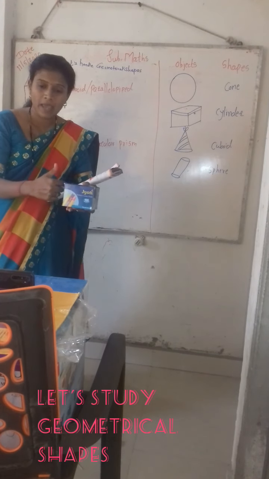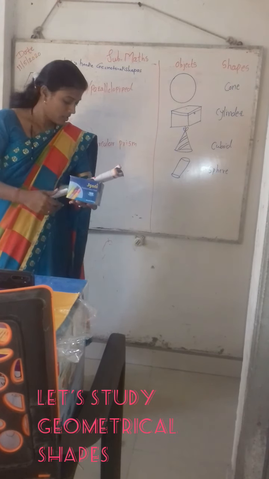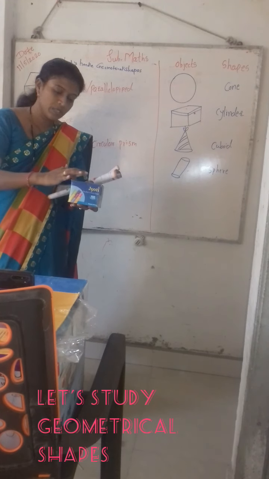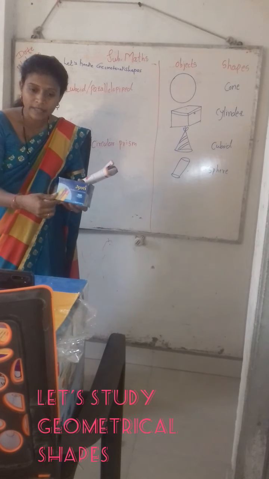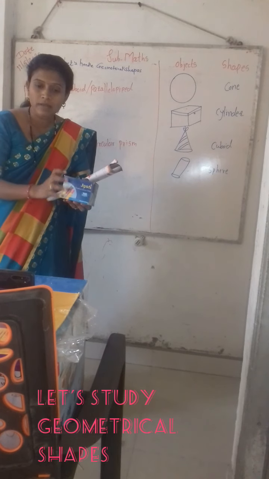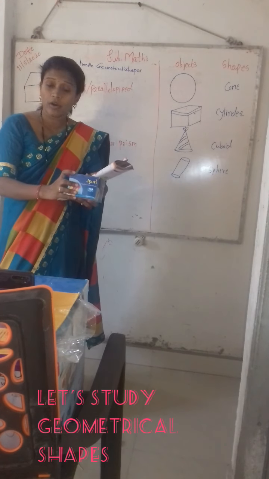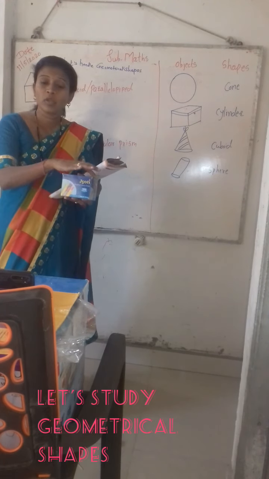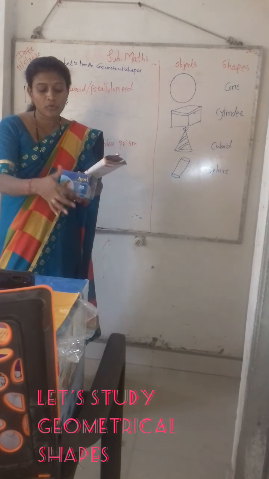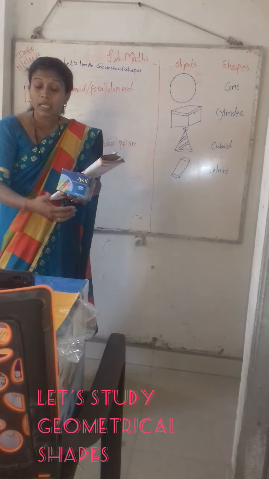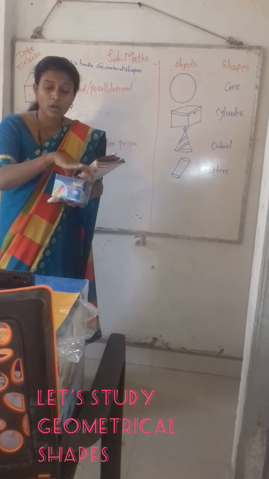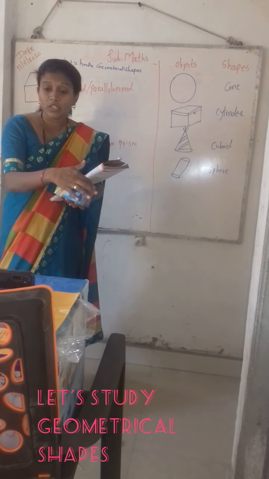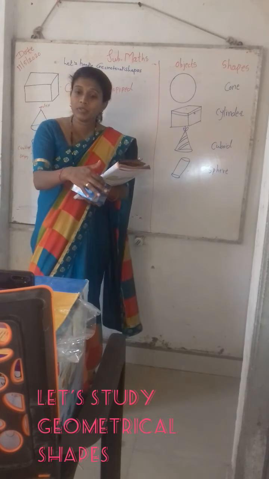Its cube shape has 12 edges. Just like 1, 2, 3. These are the vertices, means these are the corners. How many vertices or corners on the cube? 1, 2, 3, 4, 5, 6, 7, 8. It has 8 vertices, or we can call them corners also. In geometrical language we will use vertex.